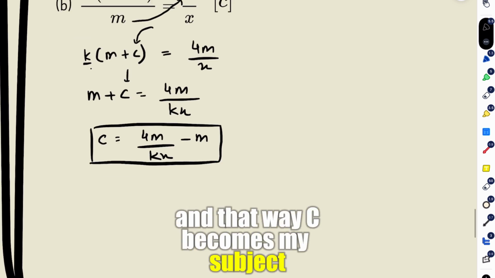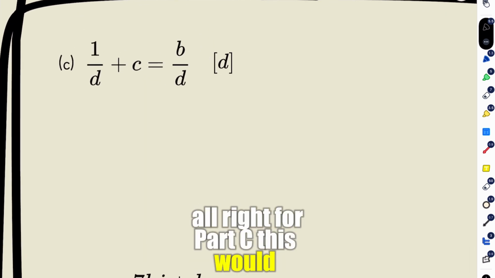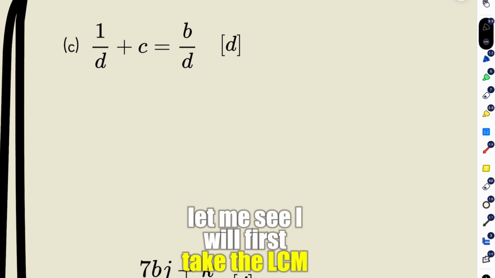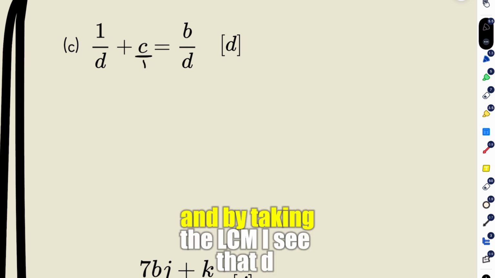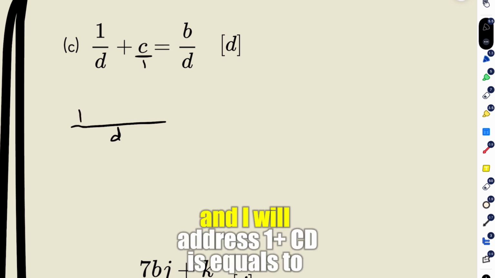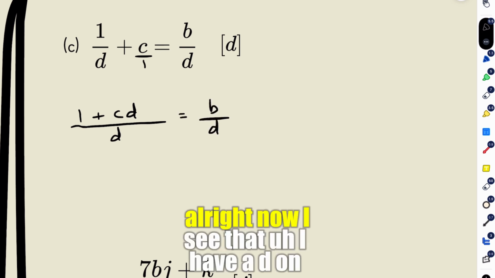All right, for part c, this would require quite a working. Let me see. I will first take the LCM here, and by taking the LCM, I see that D becomes the common denominator, and I would write it as 1 plus CD is equals to B upon D. All right.